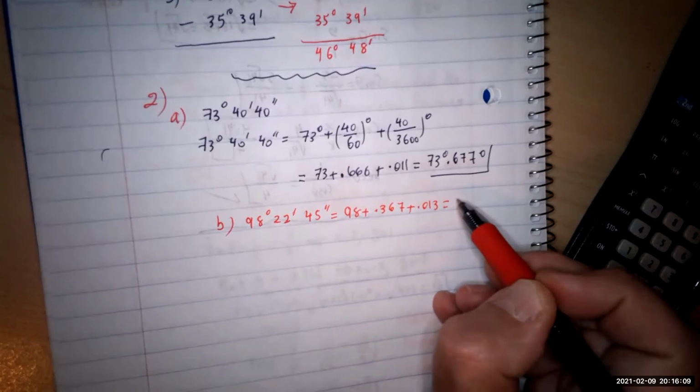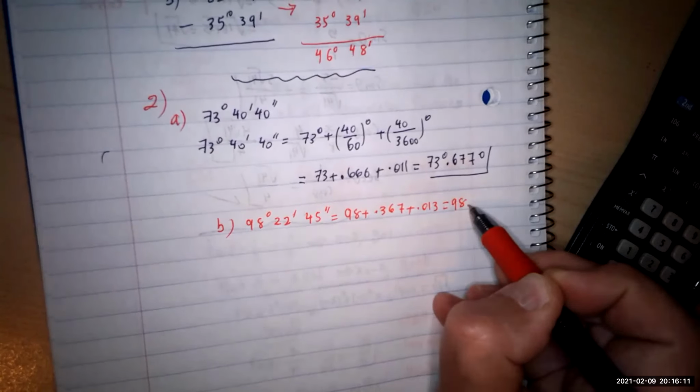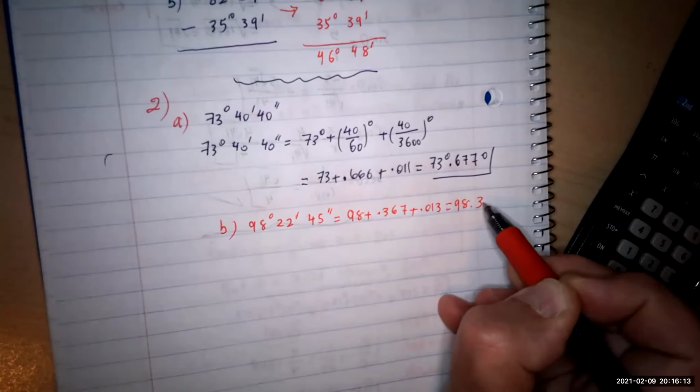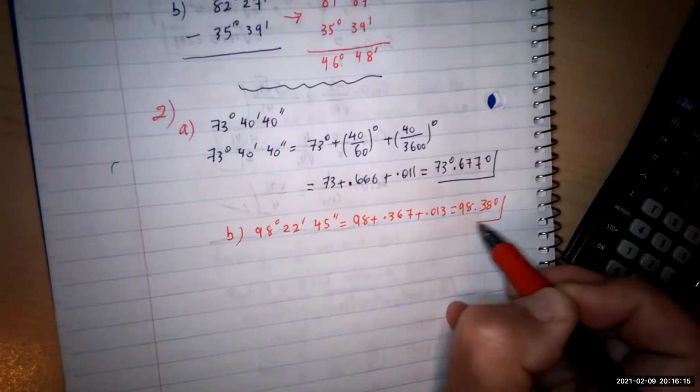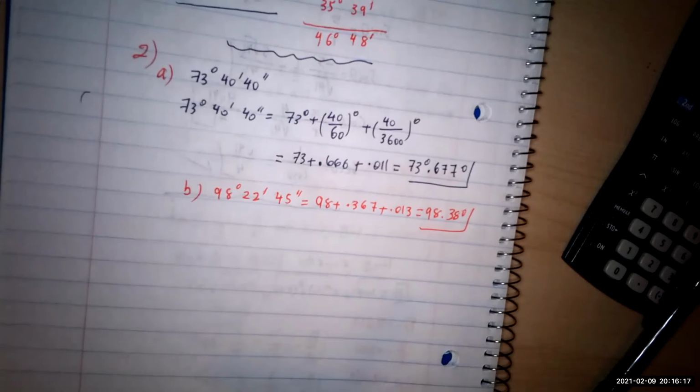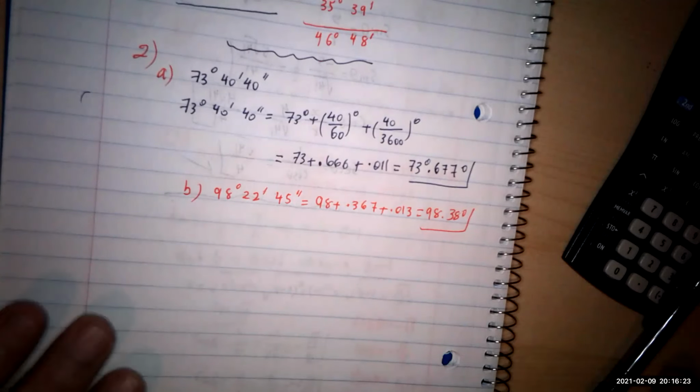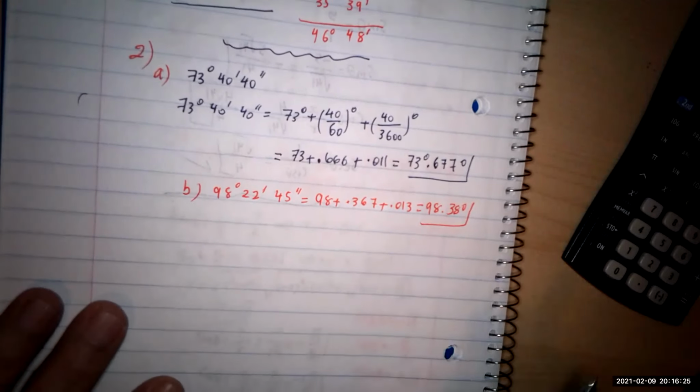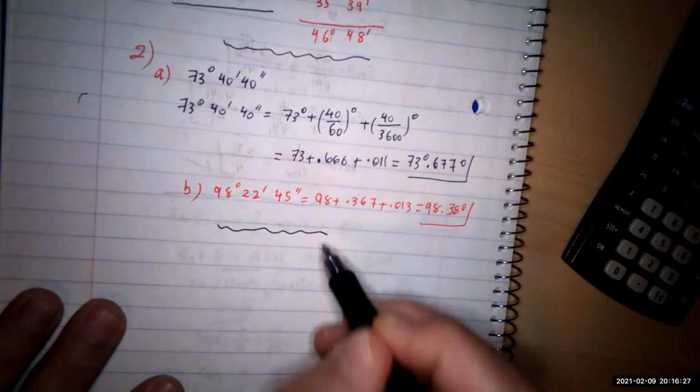If you put them together, that should give you 98.38 degrees. These are going to be used in application problems, so you want to make sure you remember it. Any question? That's number 2.